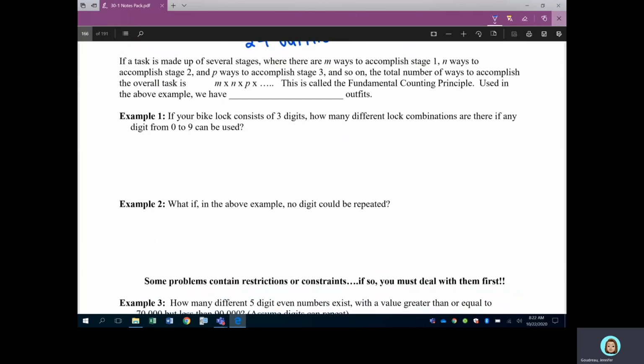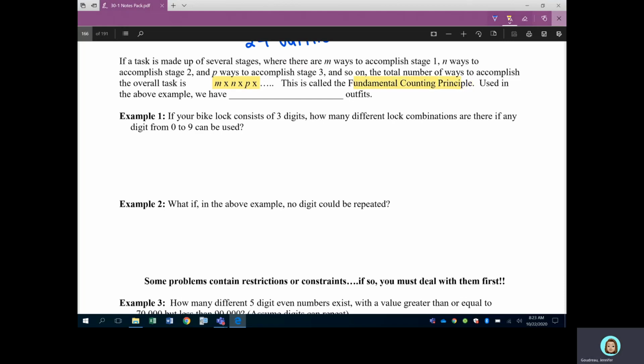If a task is made up of several stages or several choices, and there are m ways to accomplish stage 1, n ways to accomplish stage 2, and p ways to accomplish stage 3, and so on, the total number of ways to accomplish the overall task is m times n times p. In other words, you're going to take the number of options at each choice and multiply them by each other. That is your fundamental counting principle.